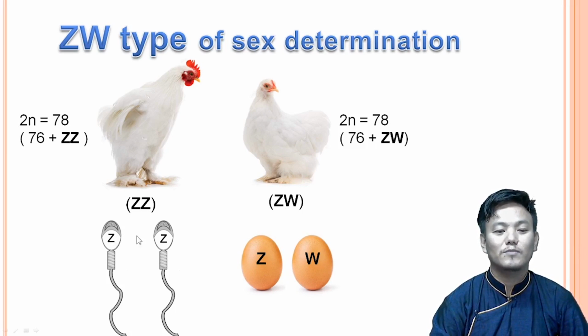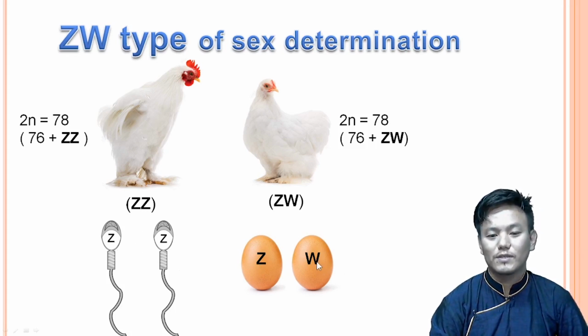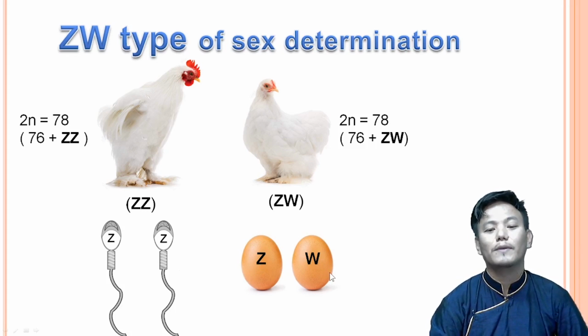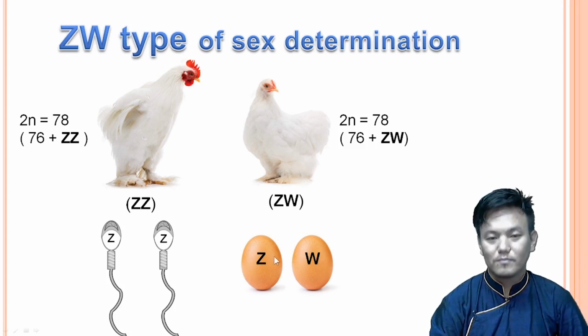So if this sperm fertilizes this one, the resulting chick will be a male. If this sperm fertilizes this egg, what will happen? The resulting chick will be female. So that is about the ZW type of sex determination.